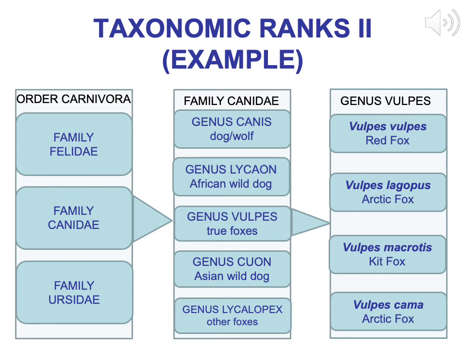And then within the genus Vulpes, we've got a number of species. Vulpes vulpes, the red fox; Vulpes lagopus, which is the Arctic fox; Vulpes macrotis, which is the kit fox; and Vulpes zerda, which is the fennec fox.